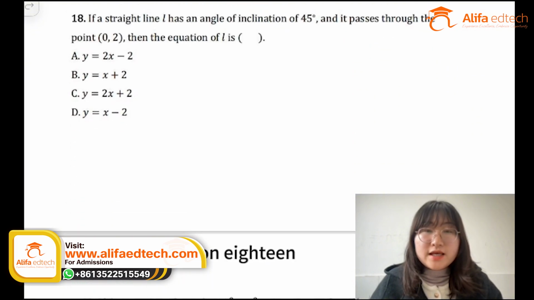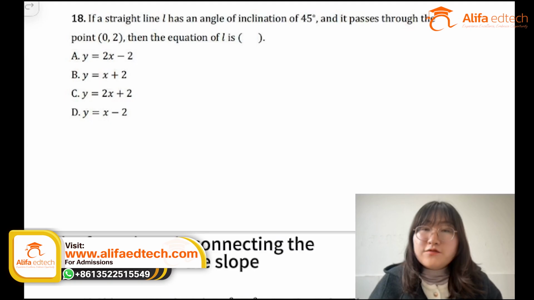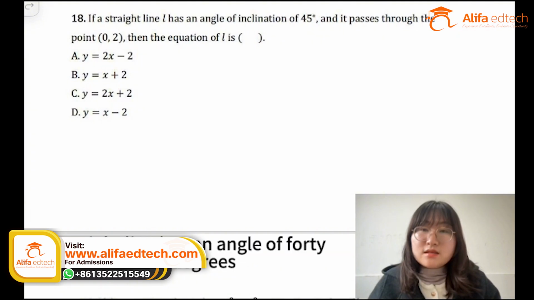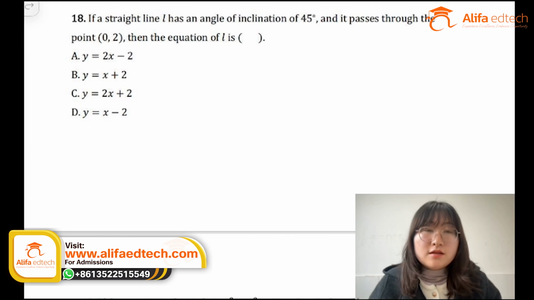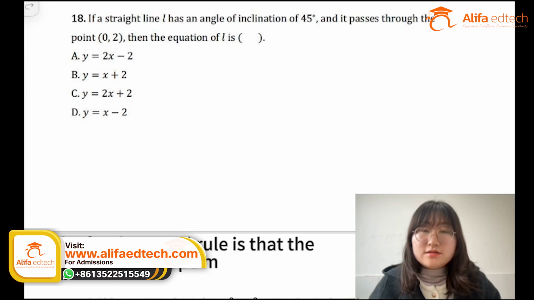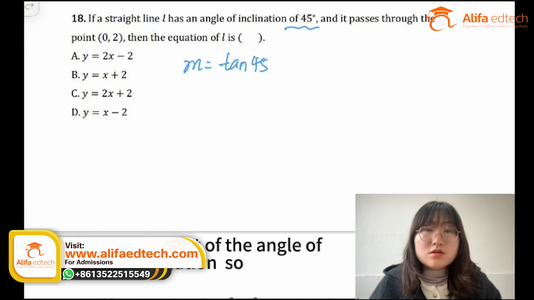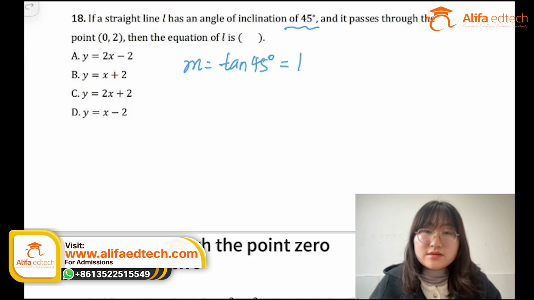Now for question 18. The focus here is connecting the angle to the slope and then finding the linear equation. A straight line has an angle of 45 degrees. The fundamental rule is that the slope m equals the tangent of the angle of inclination. So m is exactly 1. The line passes through the point (0, 2).